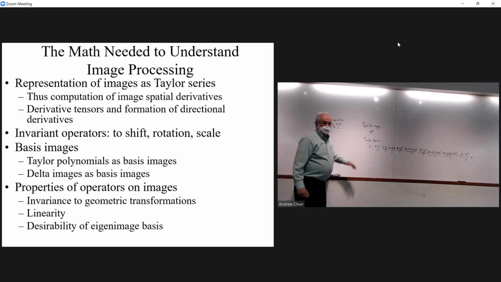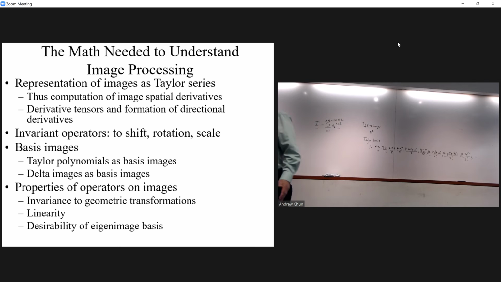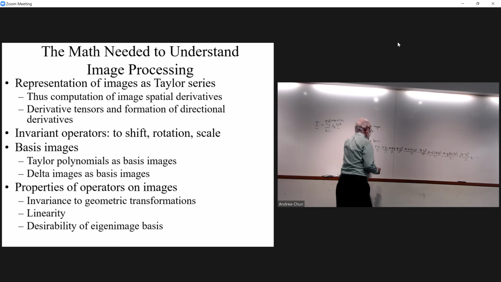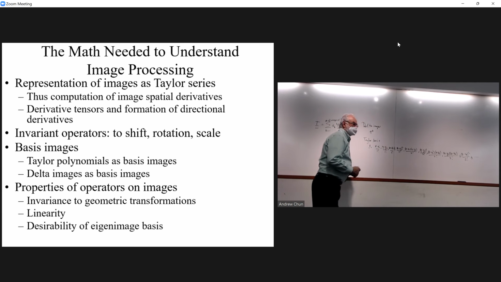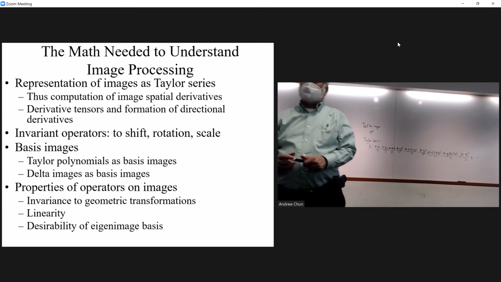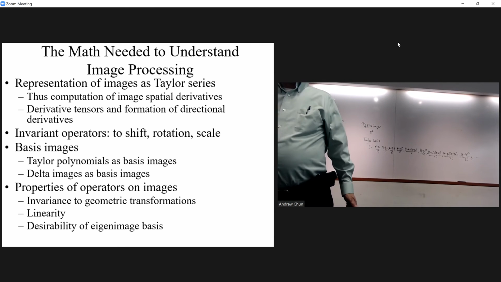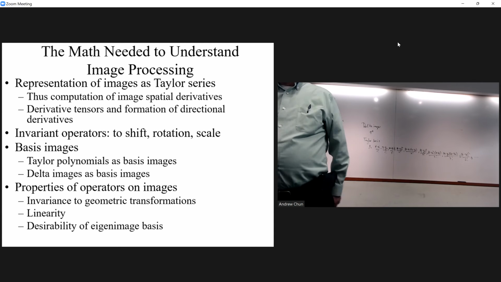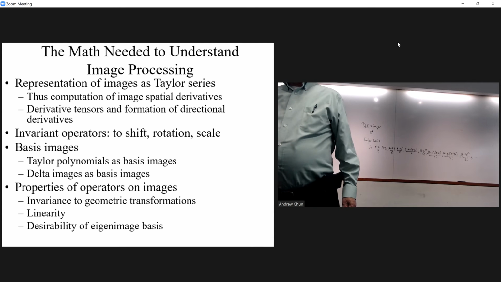And this produced a typically local approximation still, but it forced us, because the coefficients, instead of being pixel values, the coefficients are appropriate directional derivatives, mixed partial derivatives, right?